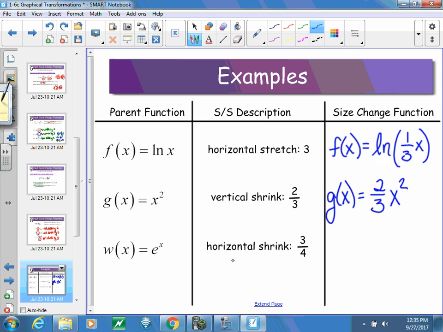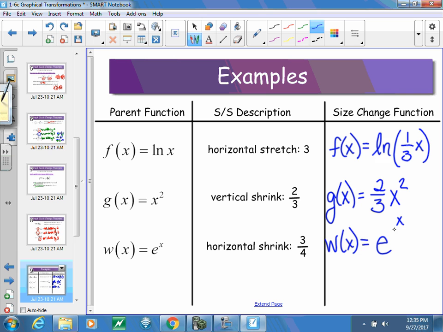And a horizontal shrink is going to be inside. So w of x here, and that's going to end up giving us e to the power of x.